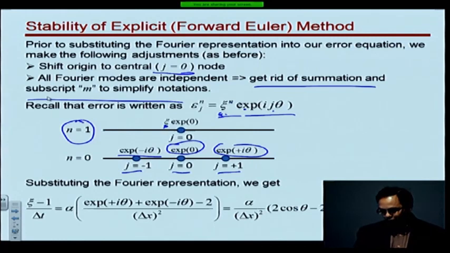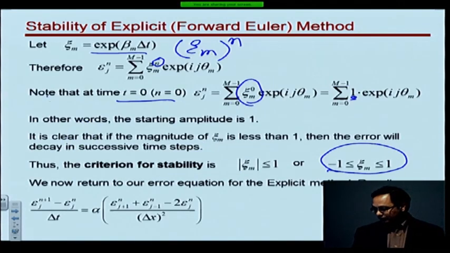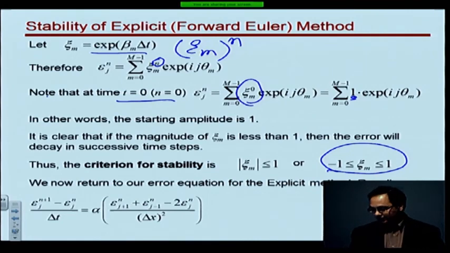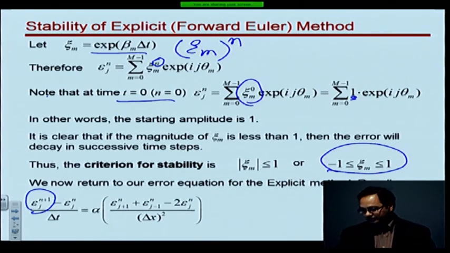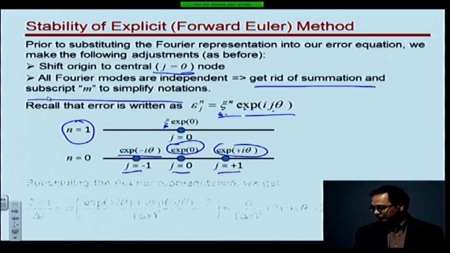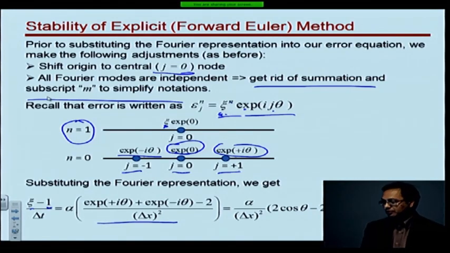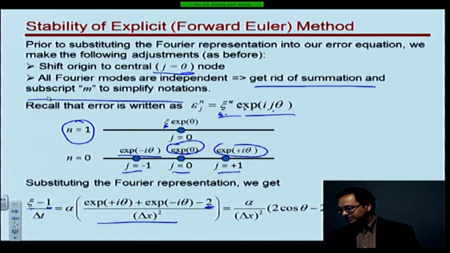Here was our original error expression. This term simply becomes xi times exponential of 0, as you saw in the picture, which is nothing but xi. And then you have an exponential of 0, which is 1. On the right, you have e to the power plus I theta plus e to the power minus I theta minus 2. That 2 is basically 2 times exponential of 0.